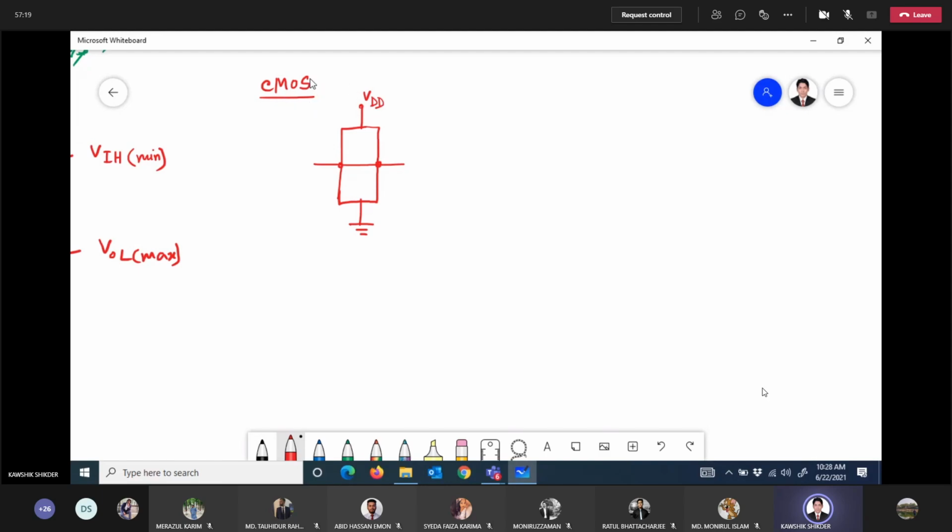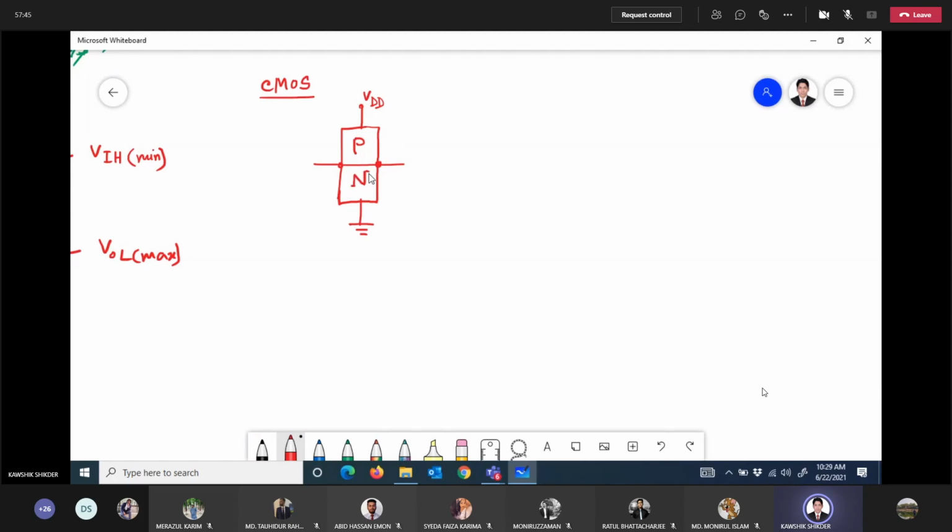CMOS, complementary metal oxide semiconductor. So why is it called complementary? Because to design a CMOS, we have to use both PMOS and NMOS. So always remember, this is the basic structure of CMOS, and the upper one is PMOS and the lower one is NMOS.